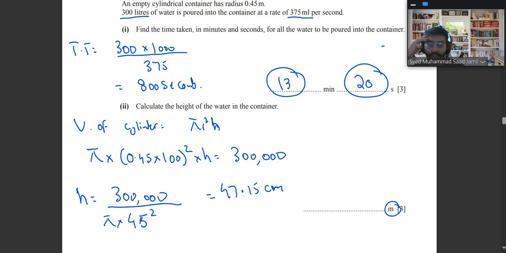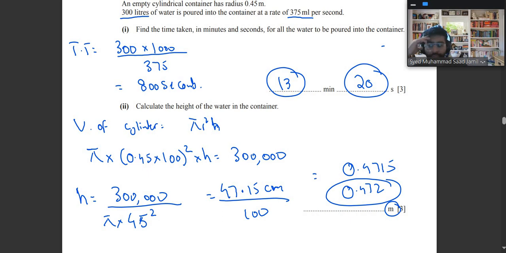Again, we want the answer in meters, so divide this by 100, so it becomes 0.4715. So 0.472, rounded off to 3 significant figures.